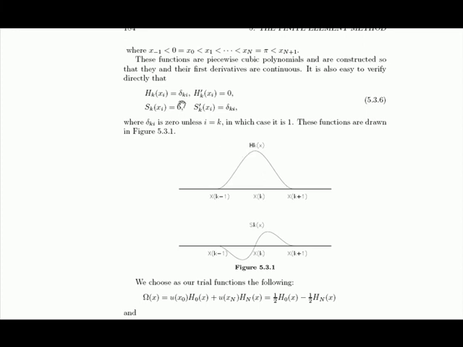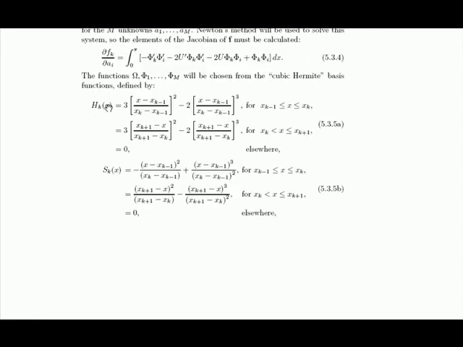So these definitions uniquely define elements in the cubic Hermite space. Those are the ones we're going to use for our omegas and our phi k's. Here are the actual formulas for HK and SK, but don't worry about those. Those are going to be provided for us. We know they're uniquely specified because we're specifying the value and derivatives at each of the grid points xk, and that uniquely defines a cubic in each subinterval.